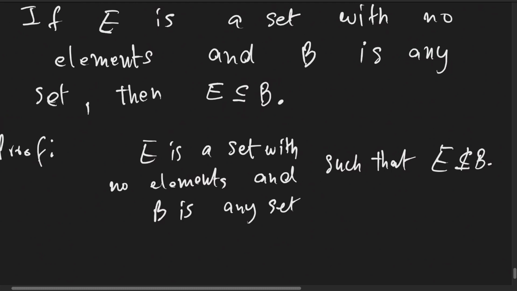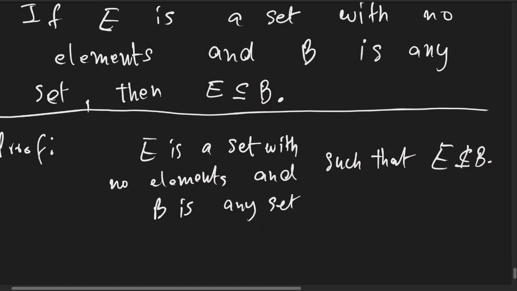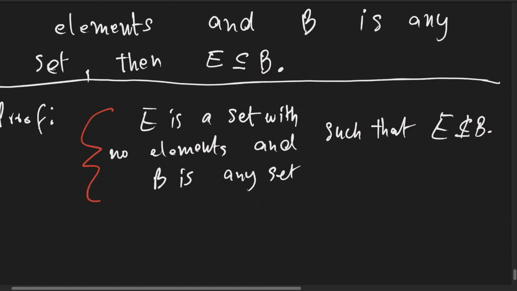Let me draw a line here to separate the question and the proof. We assume that this negation is true, and then we deduce a contradiction.